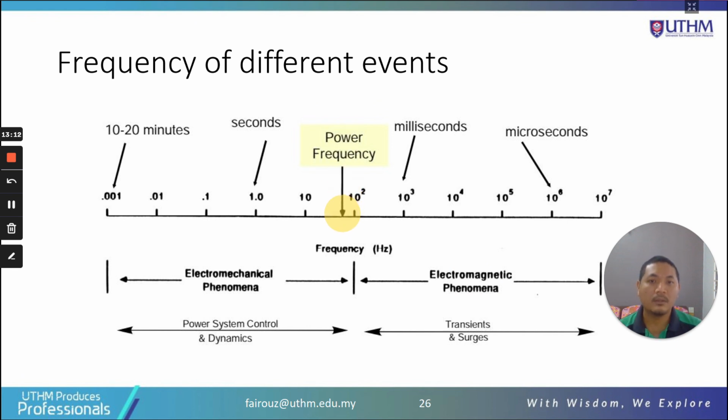If you can recall, temporary overvoltages type A appear here, temporary overvoltages type B, which appear at slightly higher frequency, so they can appear here, temporary overvoltages type C at lower frequency than the power frequency, less than 50 Hz or 60 Hz, appear here, right?